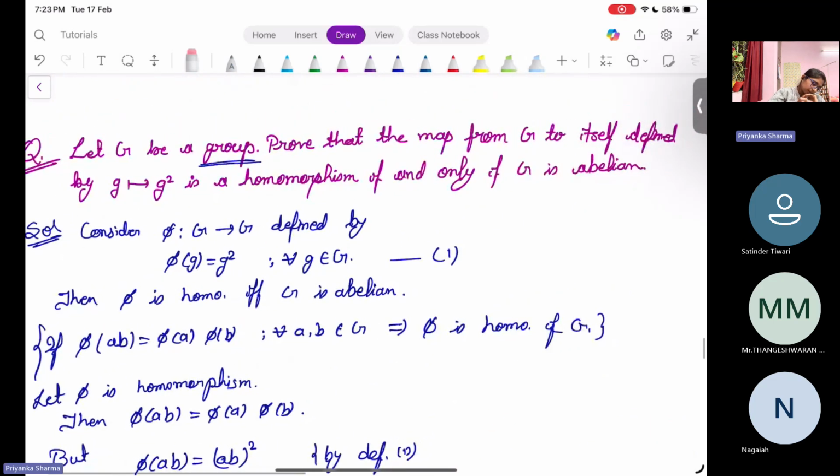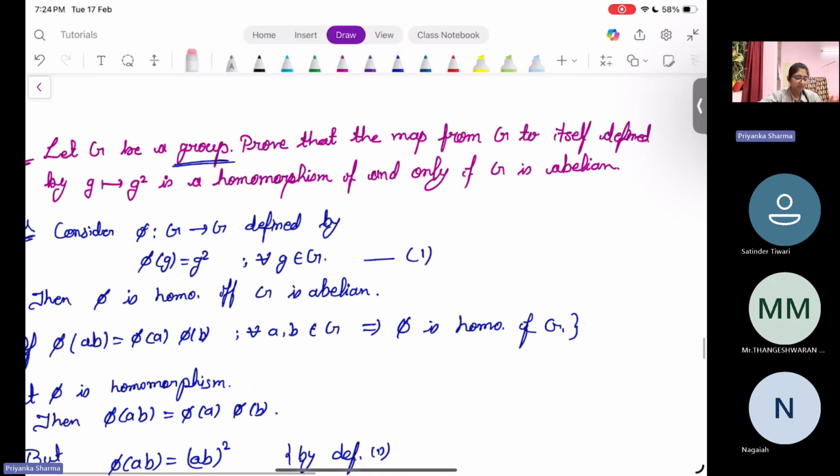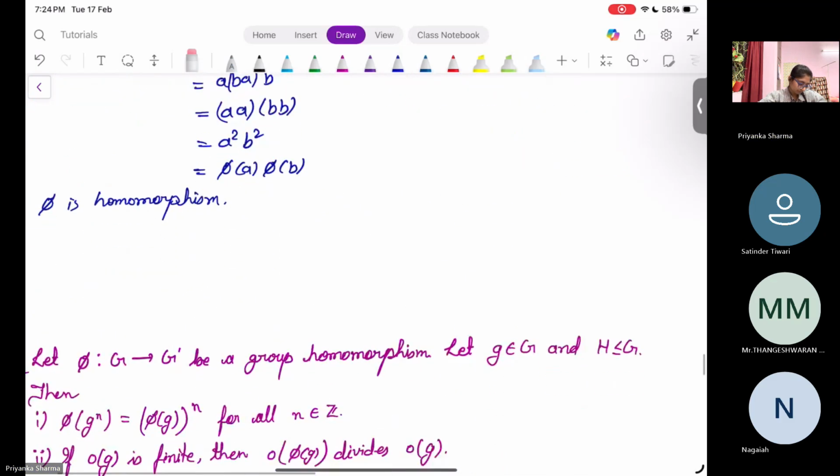So if we have a function from G to G such that phi of g is g square, then this will be a homomorphism if and only if G is abelian.